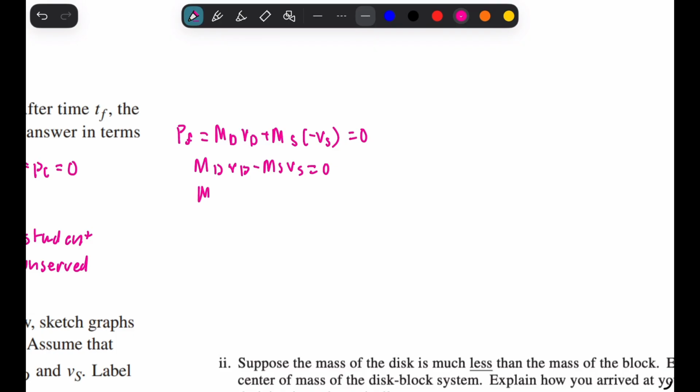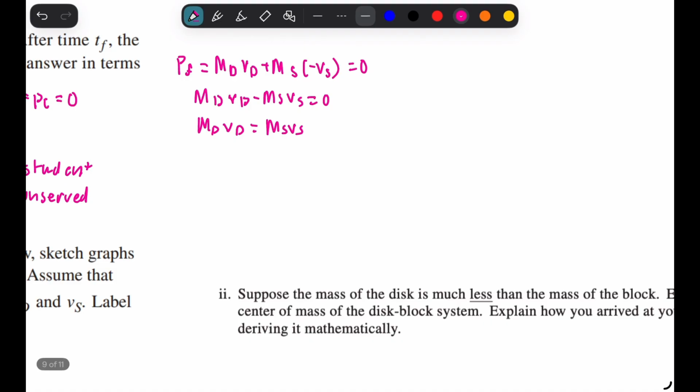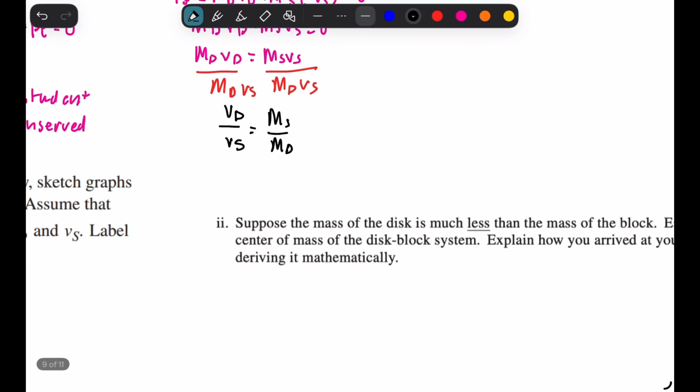We want to find the ratio of v_D over v_s, so we can divide both sides by m_D v_s. We get that v_D over v_s is m_S over m_D.